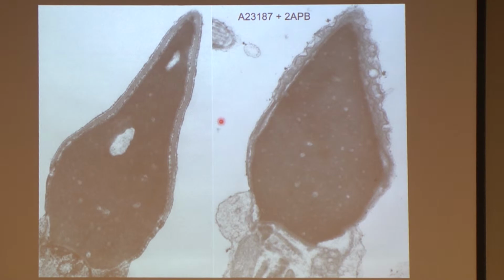Another thing that we observe when we block the release of calcium from inside the acrosome is that, of course, the exocytosis was blocked. But when we look at the sperm in the electron microscope, we observe that the acrosome has a very weird shape. It was swollen. There were a lot of invaginations of the outer acrosomal membrane. There was the formation of internal vesicles.